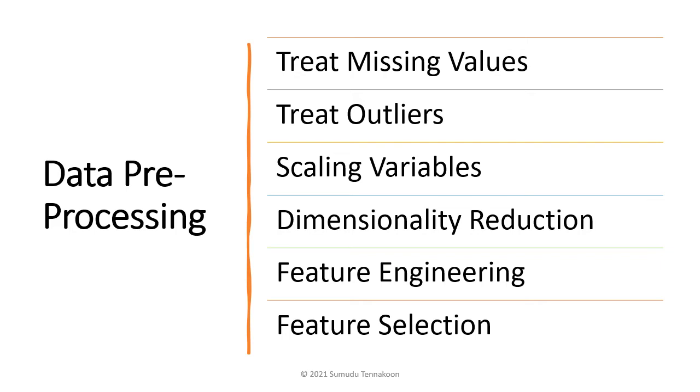And scaling variables. Sometimes we have multiple variables in different scales. One variable could be scaled between 0 and 100, another between 0 and 1000, another from 1 million to 2 million, right? So the range, that's why descriptive statistics is very important for us to understand the nature of our data set, right?